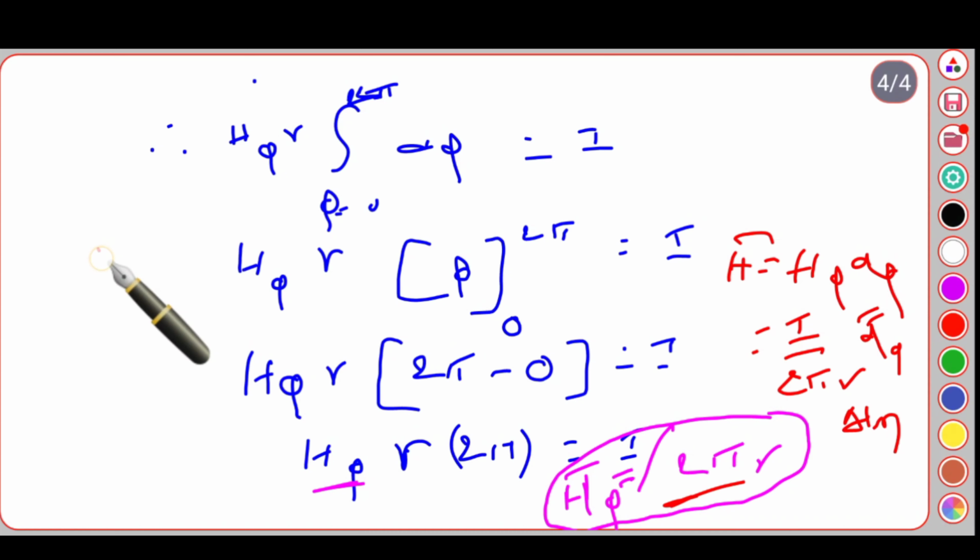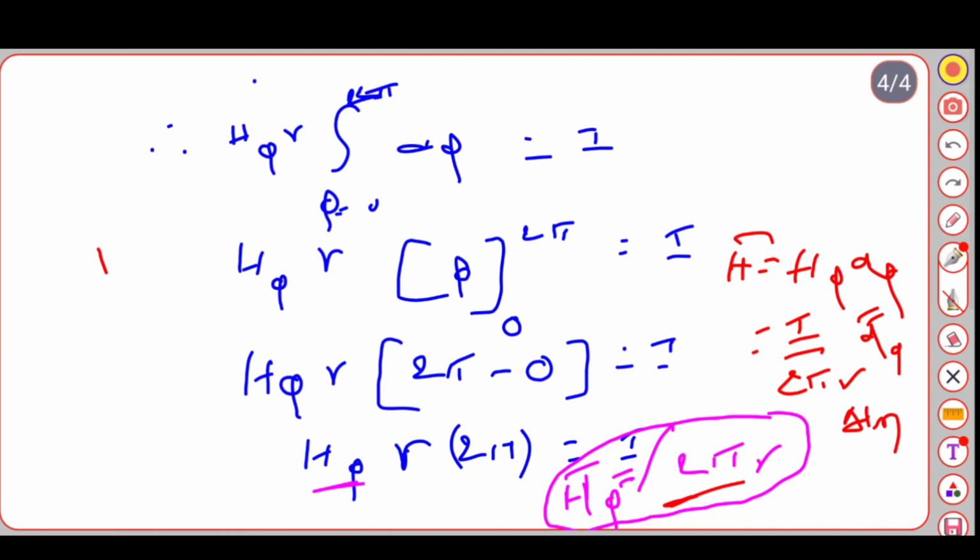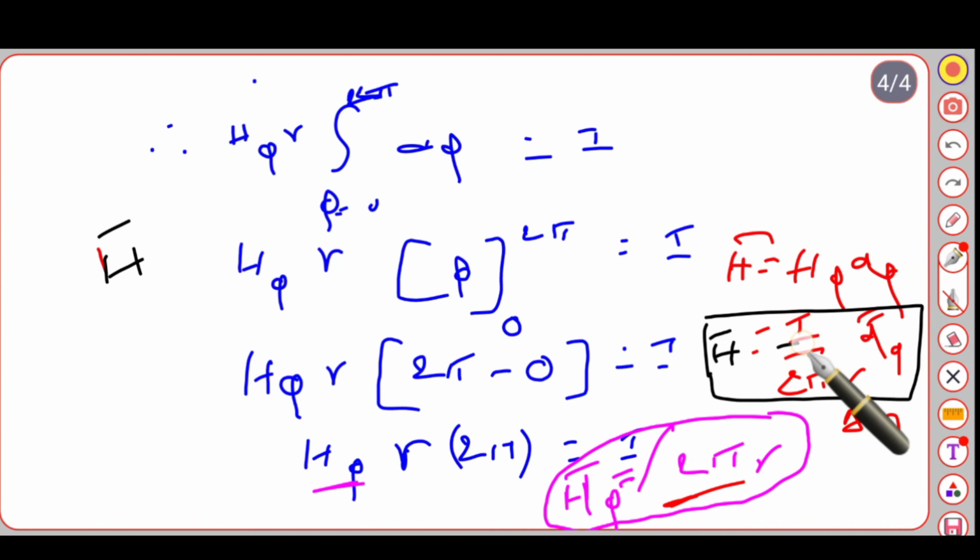Just as we applied Gauss law, similarly we can calculate H bar due to a coaxial cable. Previously, applying Biot-Savart's law, you got the answer I by 2 pi r, the same answer, but the direction may be different, according to our requirement. Next we go for H bar due to a coaxial cable.